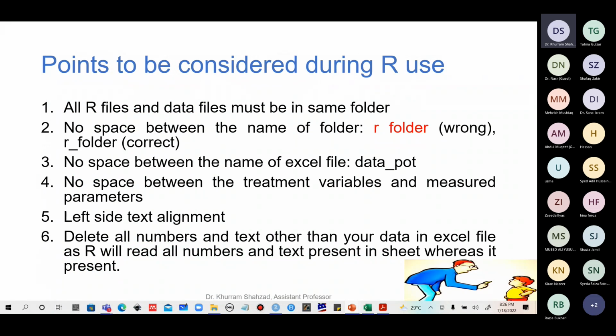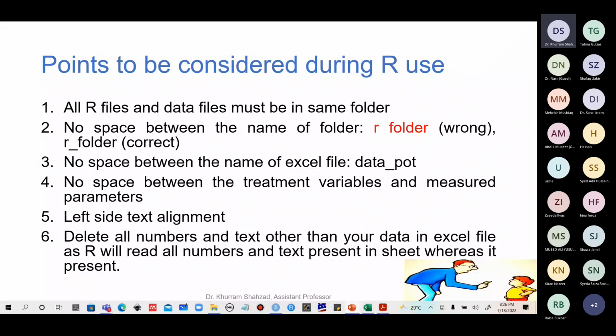So these are some points you must note down in your notebook and must understand. We will also see in our data sheet that these things will give you errors many times. If you do not do this in your data files and in the names of folders, then R will not perform your function and will give you errors. The first step is that all files, the R script and the data file, must be in the same folder.